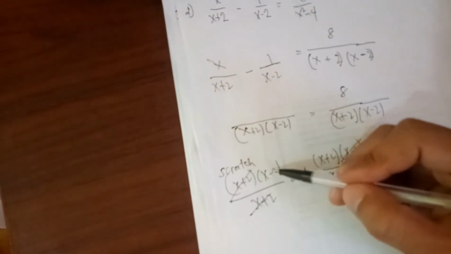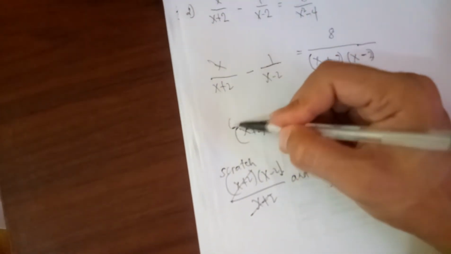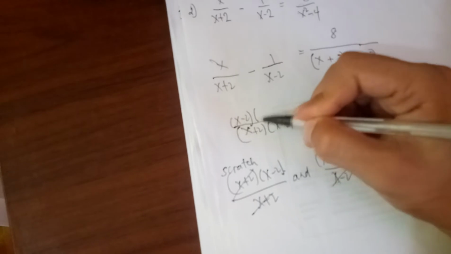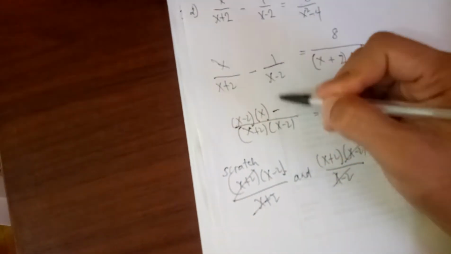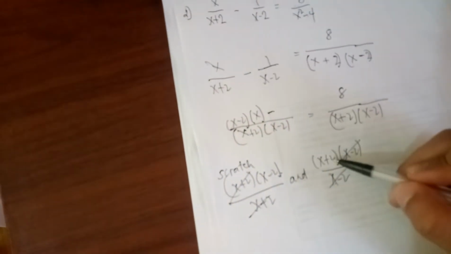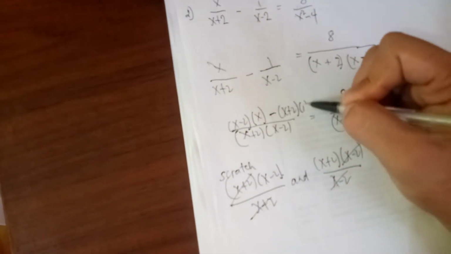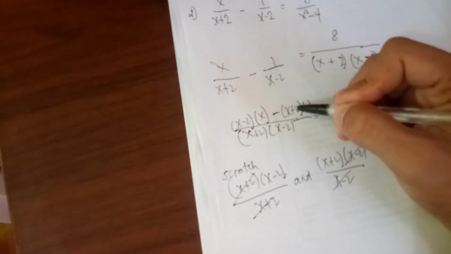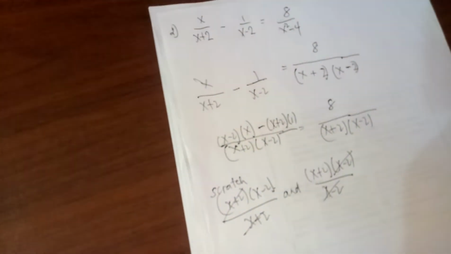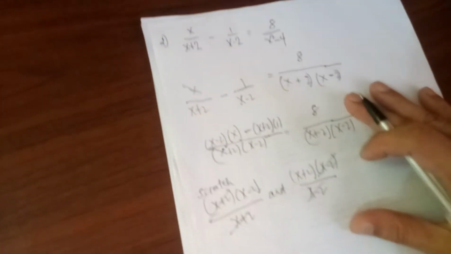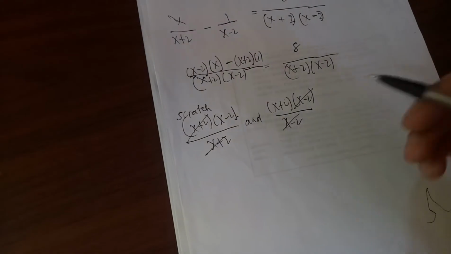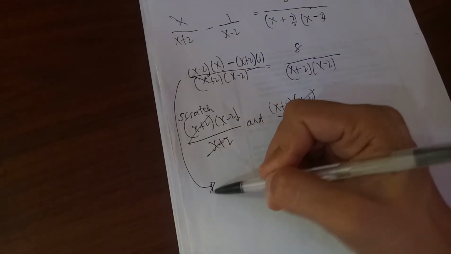Then what remains is x minus 2 times the numerator. So x minus 2 times the numerator x, minus, then x plus 2 times the numerator, x plus 2 times 1. Even if you didn't write the 1, when you multiply this by 1, it is still x plus 2. Now, let us simplify from here.